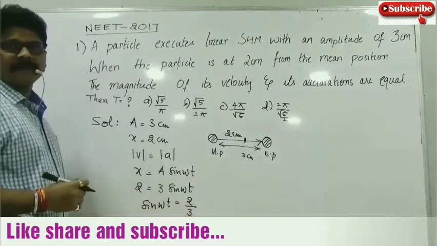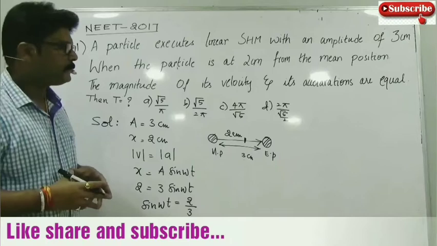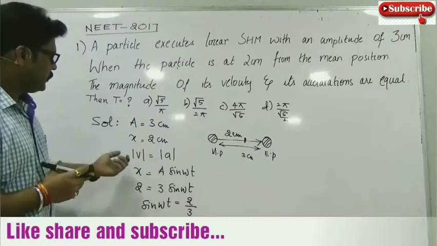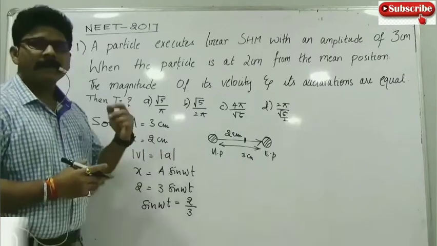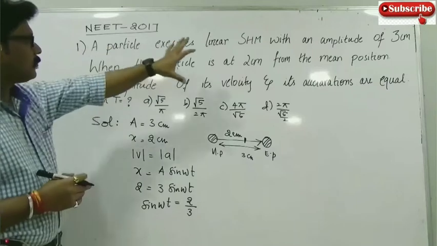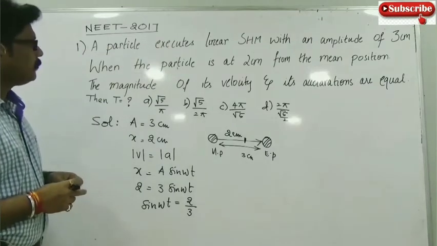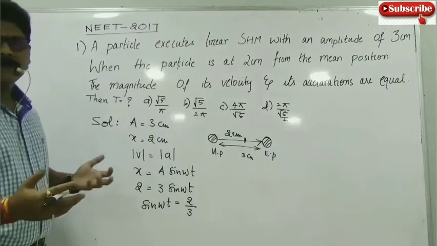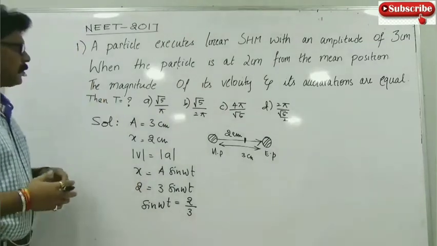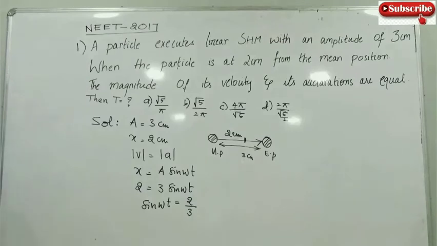Am I right? Now what we require is that velocity and acceleration are both equal. Pause the video and copy this problem, then we will erase that part and continue.